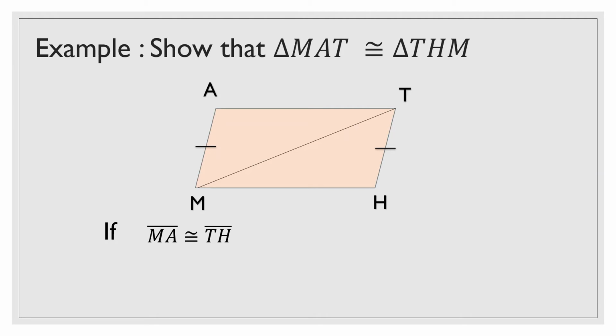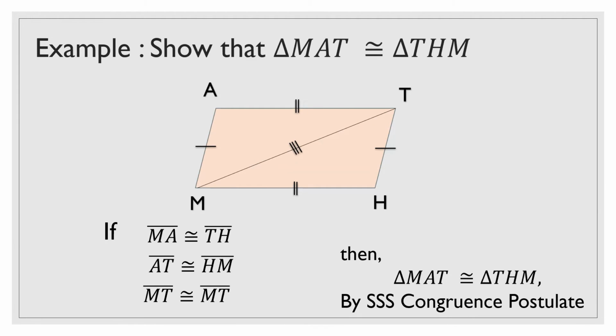And MA is congruent to TH. Another is AT congruent to MH. Okay? And we have MT congruent to MT. So we can now say that triangle MAT is congruent to triangle THM by SSS Congruence Postulate.